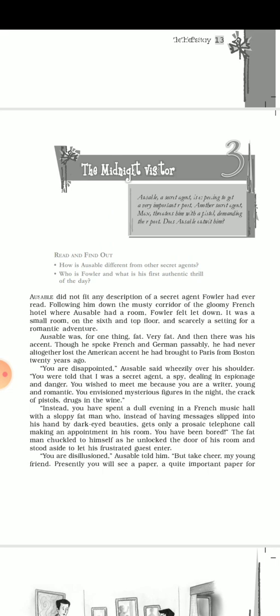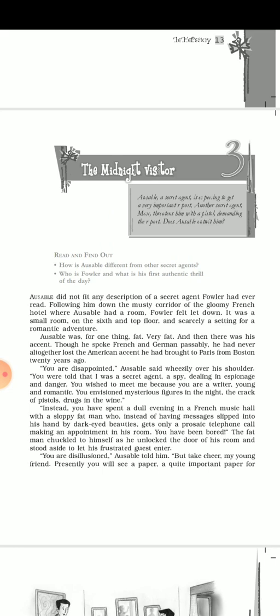So when Fowler met Audible, he finds that Audible doesn't look like a secret agent actually. Why? Because of his outer appearance. Secret agents are expected to be thin, tall, physically strong, and Audible looked as if he was a common man, right?